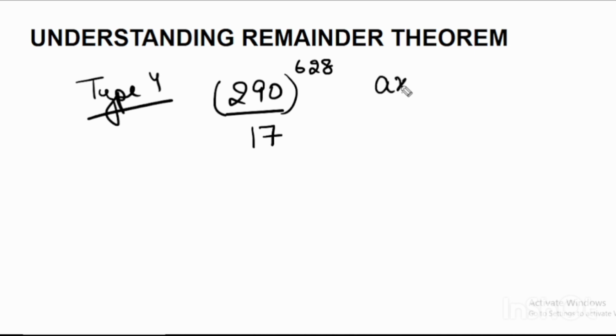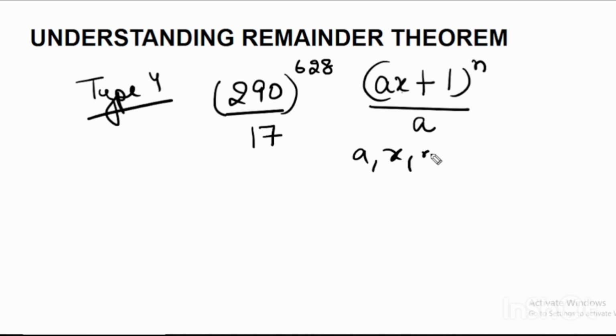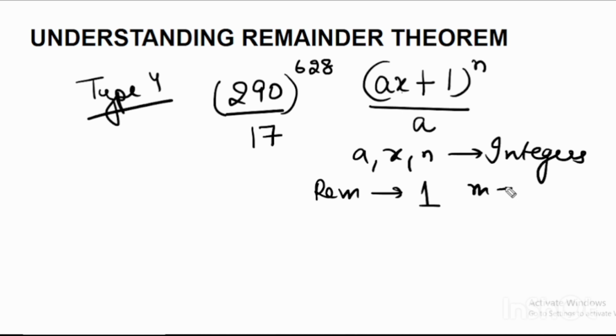If your expression can be written as (ax + 1) power n divided by a, where a, x and n are integers, then your remainder will always be 1, whether n is odd or even.